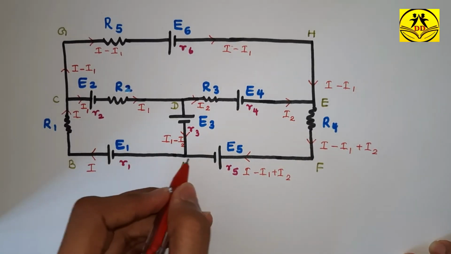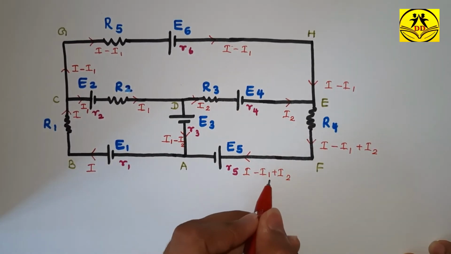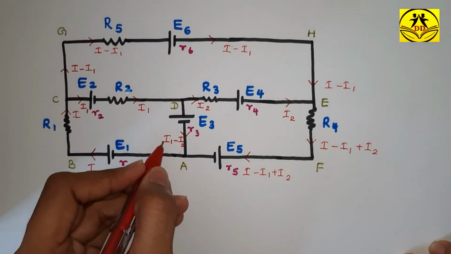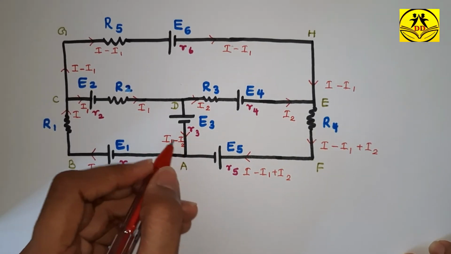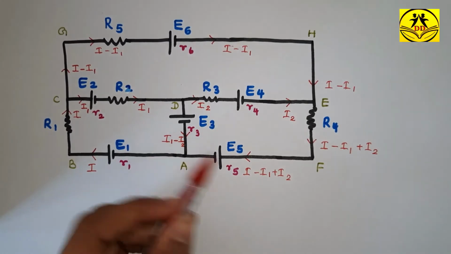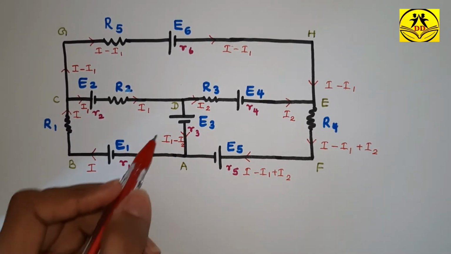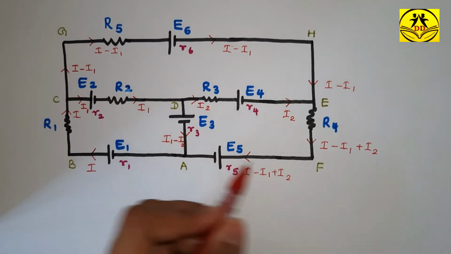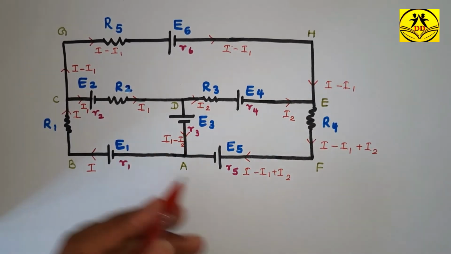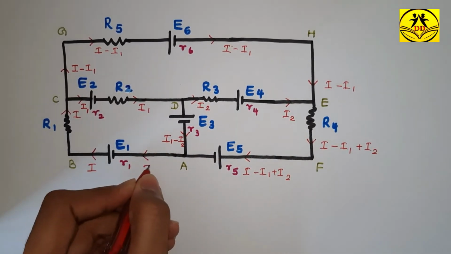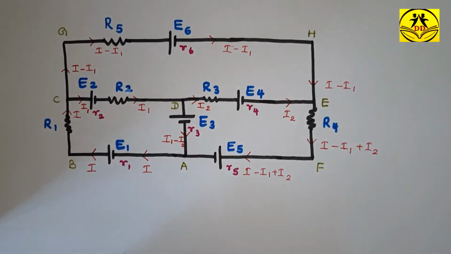Finally, to this node, I minus I1 plus I2 and I1 minus I2 current flows. Now, when you get the algebraic sum of this, what do you get? This cancels, this cancels. So finally, you get back this I current flowing to this cell.